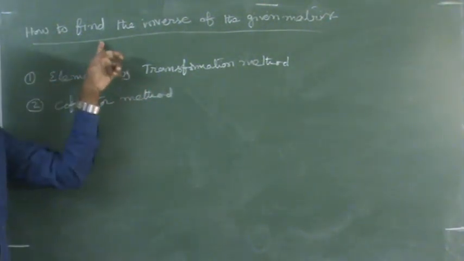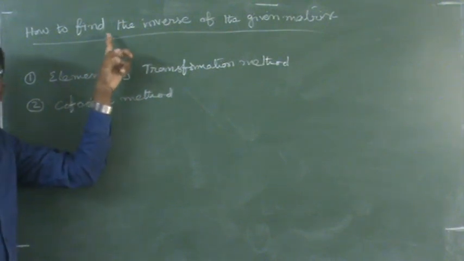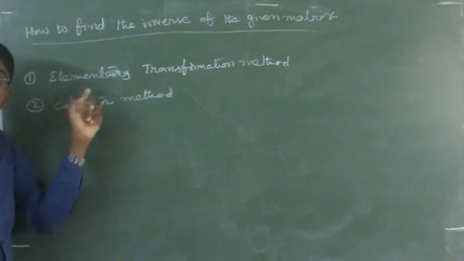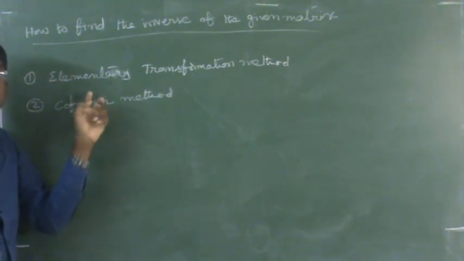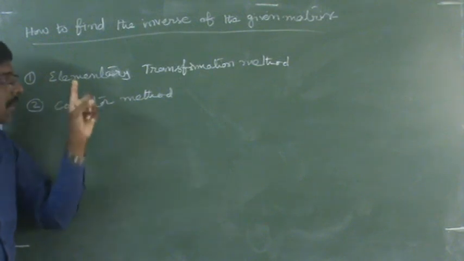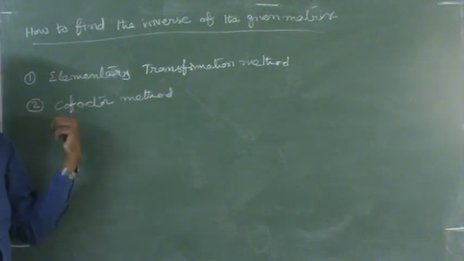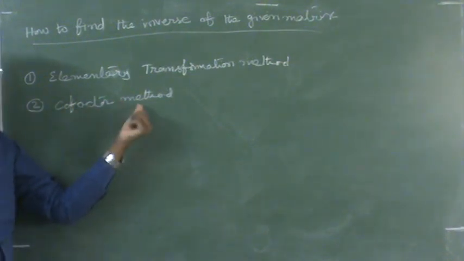To find the inverse of the given matrix, our PUC syllabus has two methods. The first is the elementary transformation method. The second is the cofactor method.